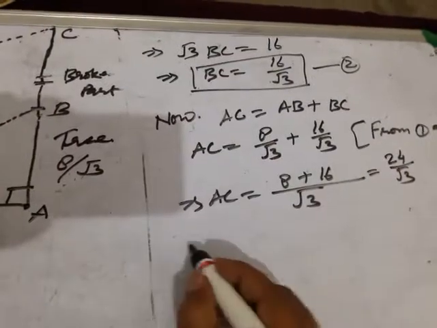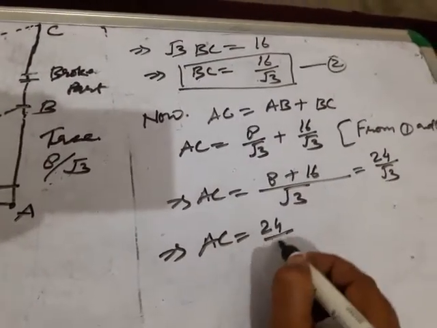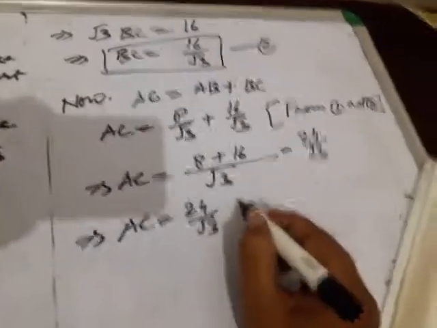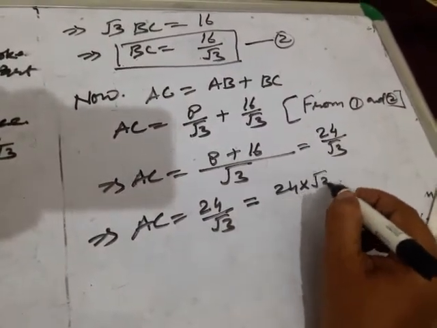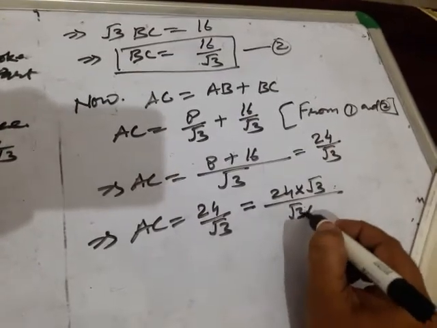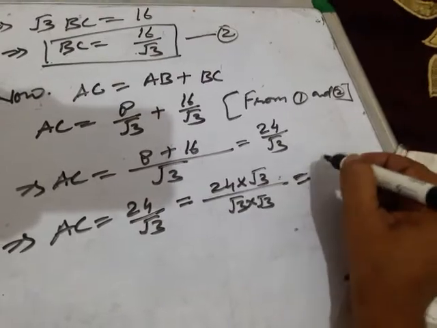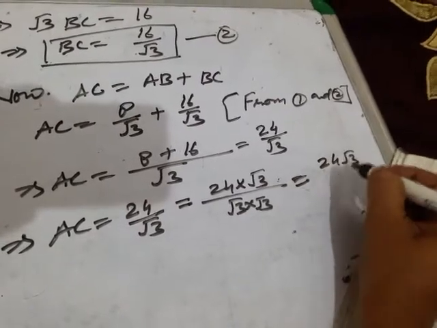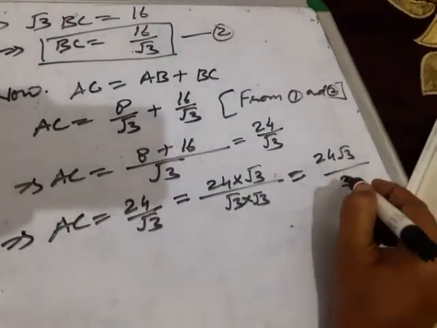You can rationalize it, that is 24 multiplied by root 3 upon root 3 into root 3, that is equal to 24 root 3 upon 3, because root 3 into root 3 equal to 3.